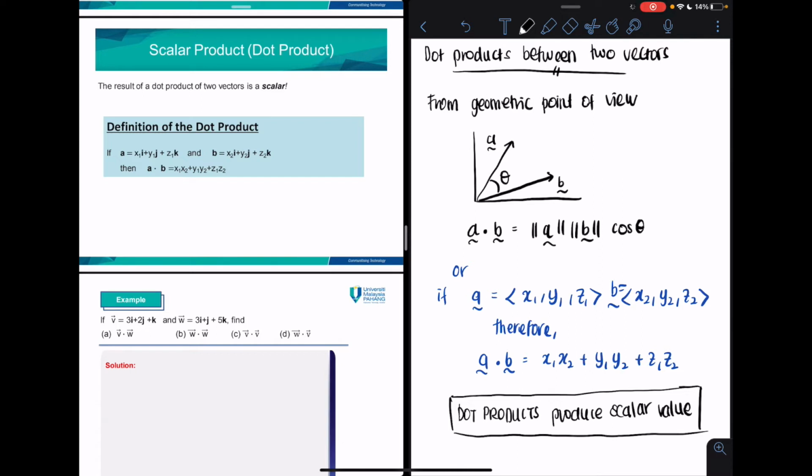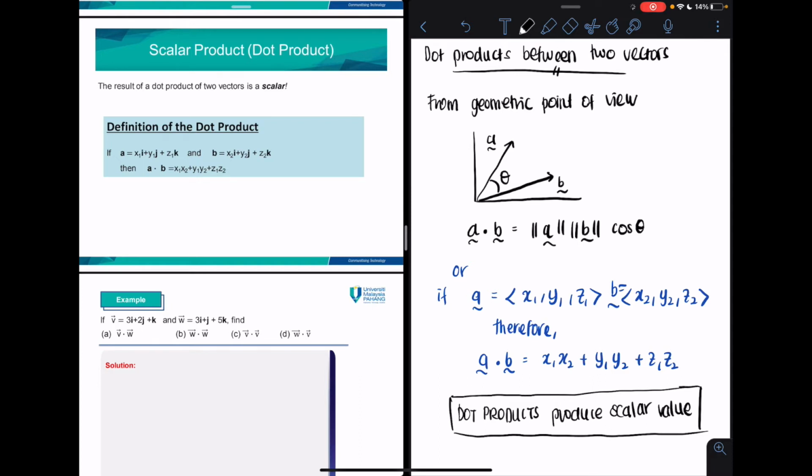So basically, the reason why we end up having a scalar value is through this theorem, which can be derived from a geometric point of view: the dot product between vector A and B, like what you see in this setup, equals the magnitude of vector A times the magnitude of vector B times cosine theta.